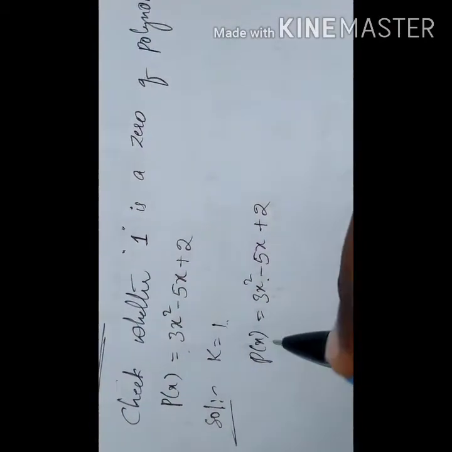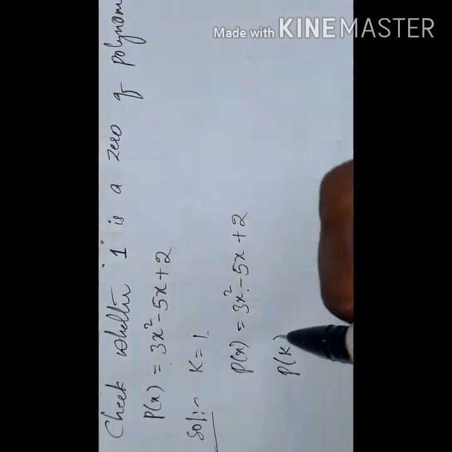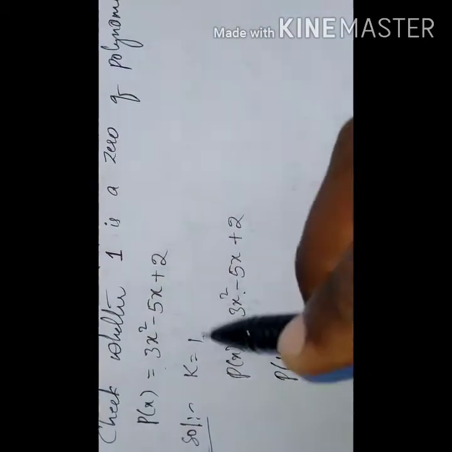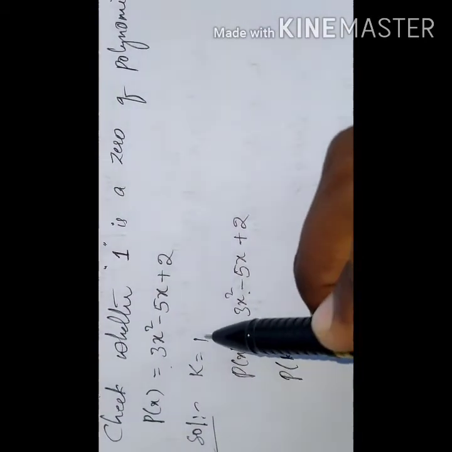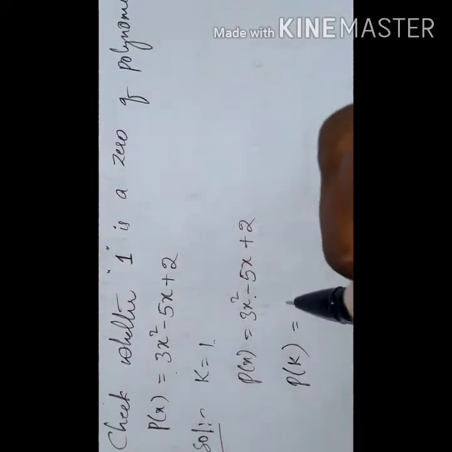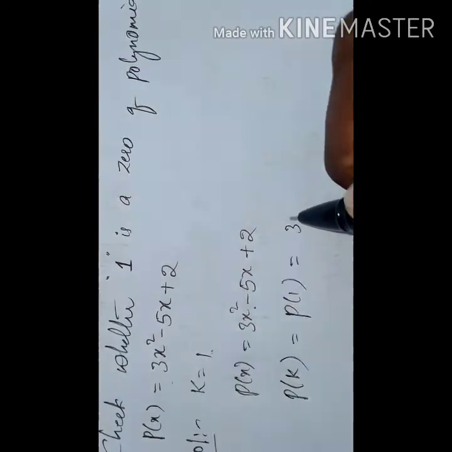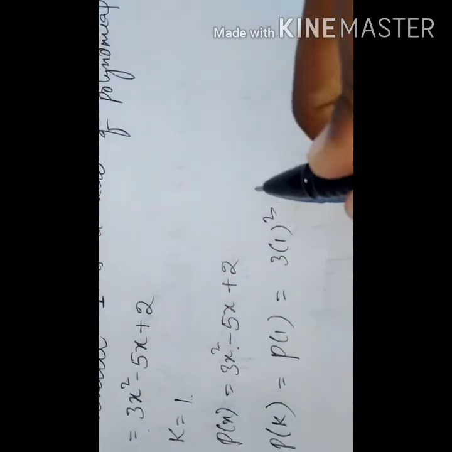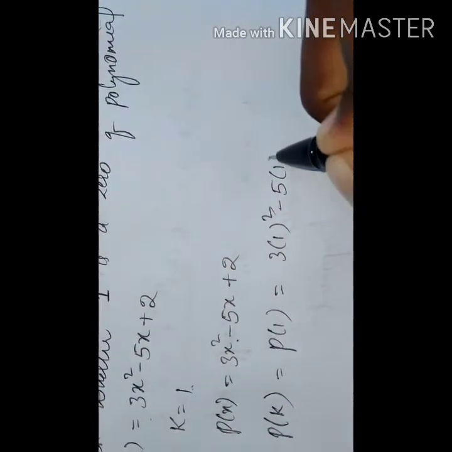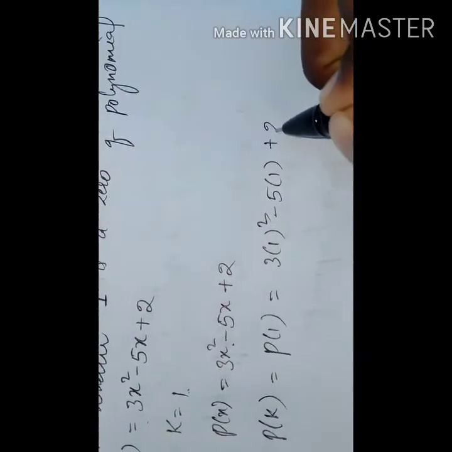So in place of x we must substitute the value of k, that means 1. P of 1 is equal to 3 into 1 square minus 5 into 1 plus 2.